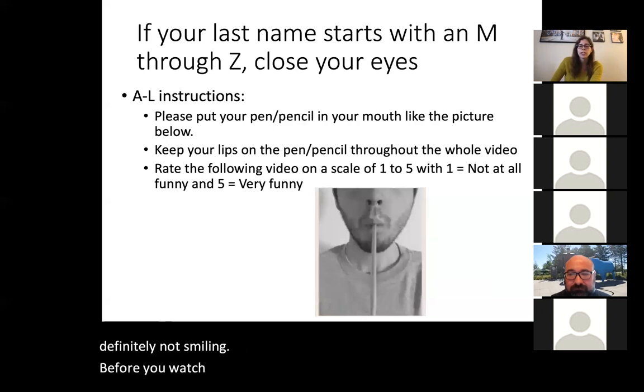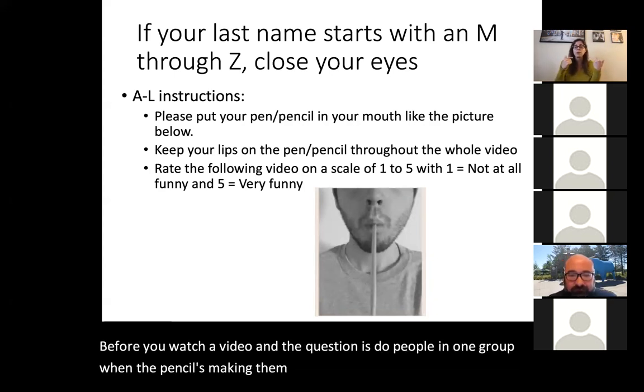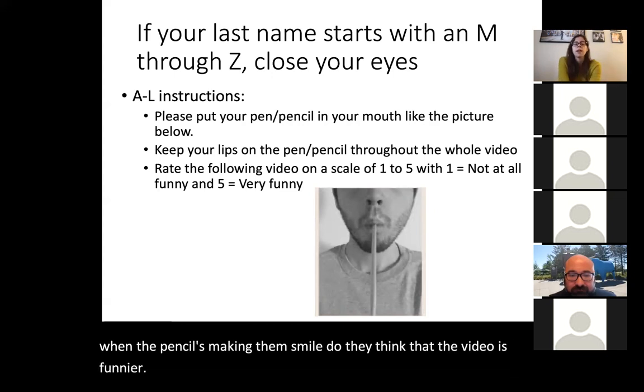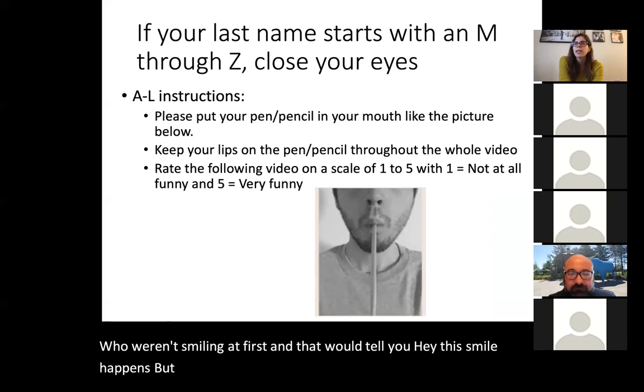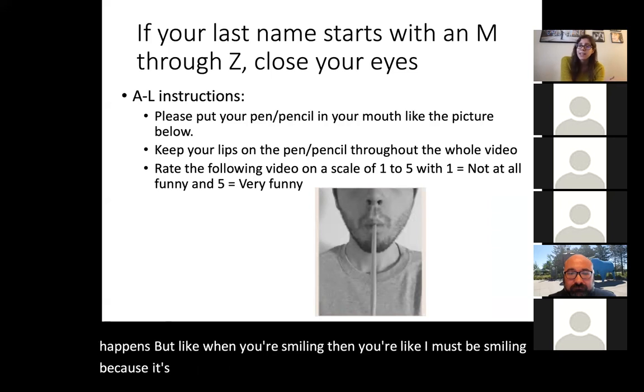And the question is, do people in one group, when the pencil is making them smile, think that the video is funnier than people who weren't smiling at first? That would tell you, hey, when you're smiling, you think, oh, I must be smiling because it's funny, not it's funny so then I was smiling, right? So this is like the James Lange theory.